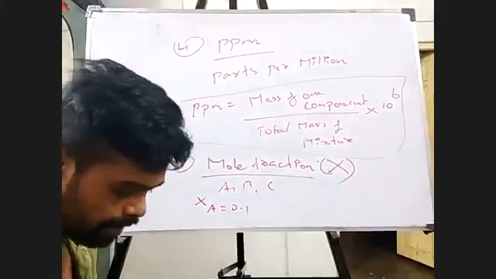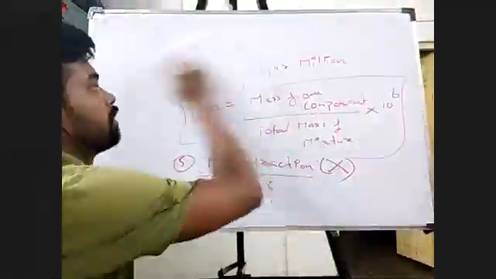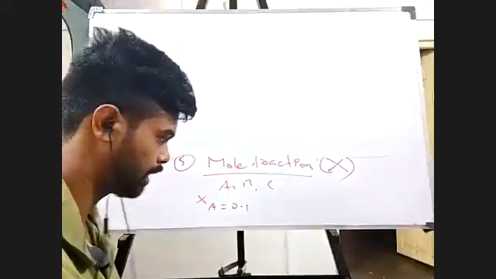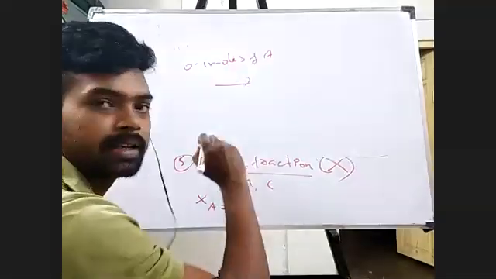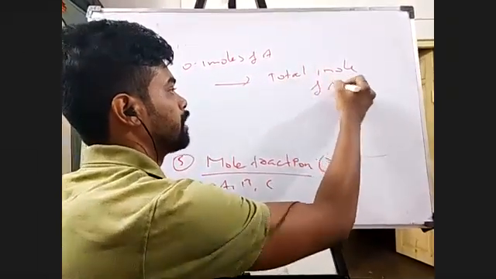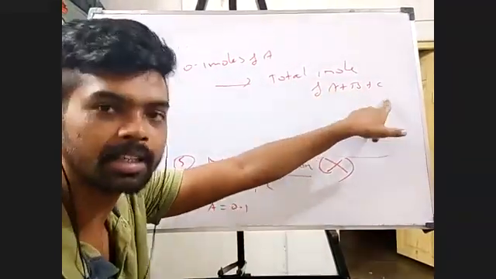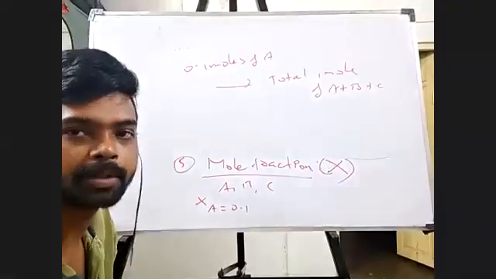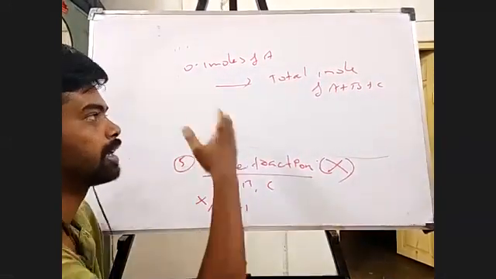When I say the mole fraction of A is 0.1, that means 0.1 moles of A is present in a total of 1 mole of A plus B plus C. That is, when I add the number of moles of A plus B plus C and get 1 mole, 0.1 moles of A is present in that. That is in terms of definition.